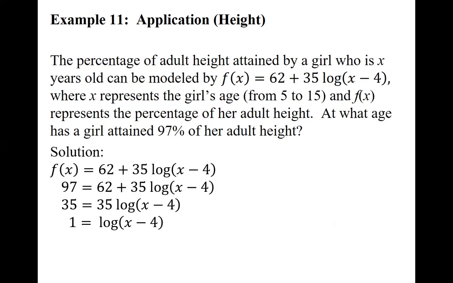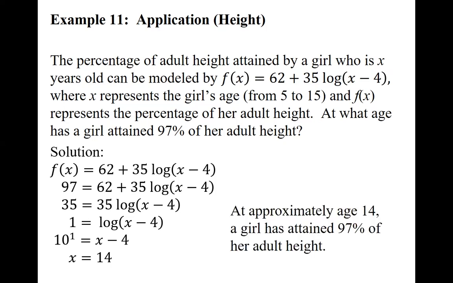This log is 1, the exponent is 1, the base is 10. 10 to the first equals x minus 4. So 10 equals x minus 4. Add 4 to both sides. X equals 14. So at approximately age 14, a girl has attained 97% of her adult height.